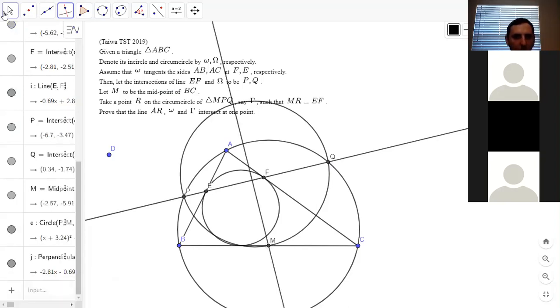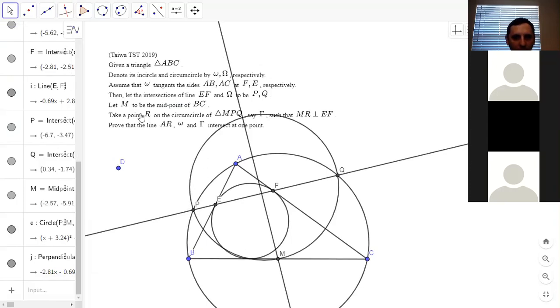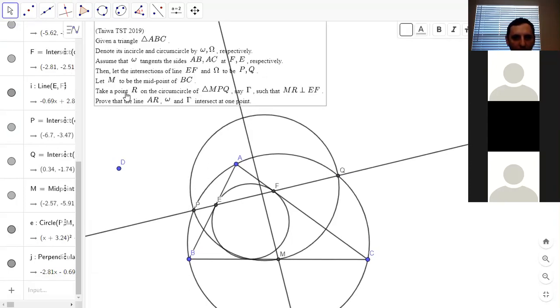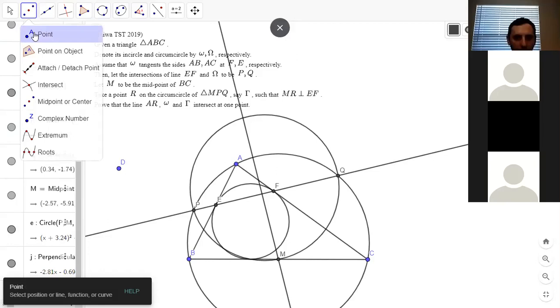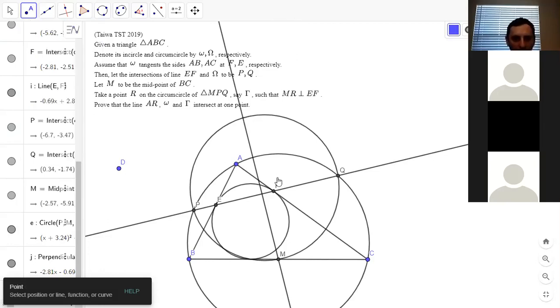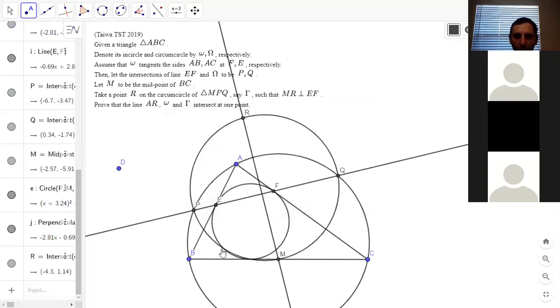And we want to show AR and those 2 circles concur. That's interesting. So this is point R up there, and we want to show that AR passes through this point right here. So basically AR and G are collinear.